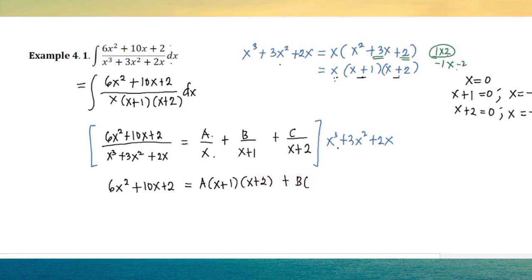For B, makakancel naman yung x plus 1, so x at saka si x plus 2 yung matitira dito. And we have C. We have x plus 2 here. So makakancel yung x plus 2. Si x at saka si x plus 1 yung matitira. So we have x and x plus 1. So, ang gagawin natin dito is to solve for the value of A, B, and C.